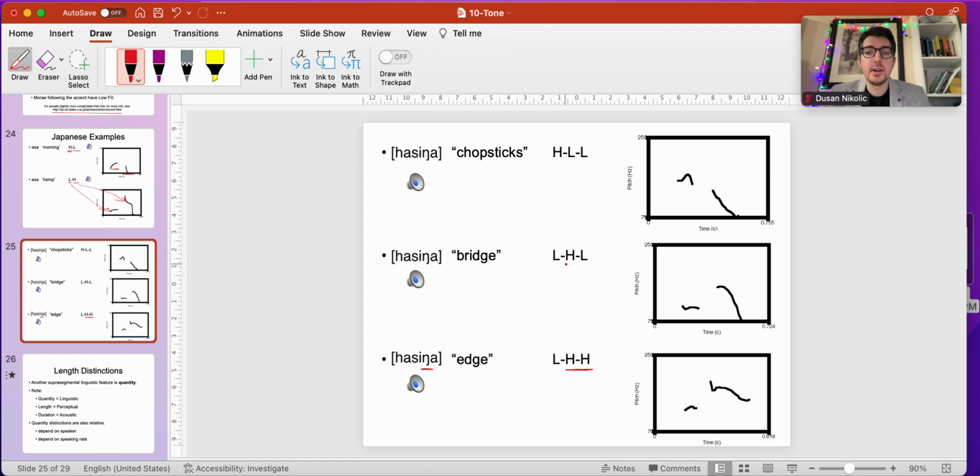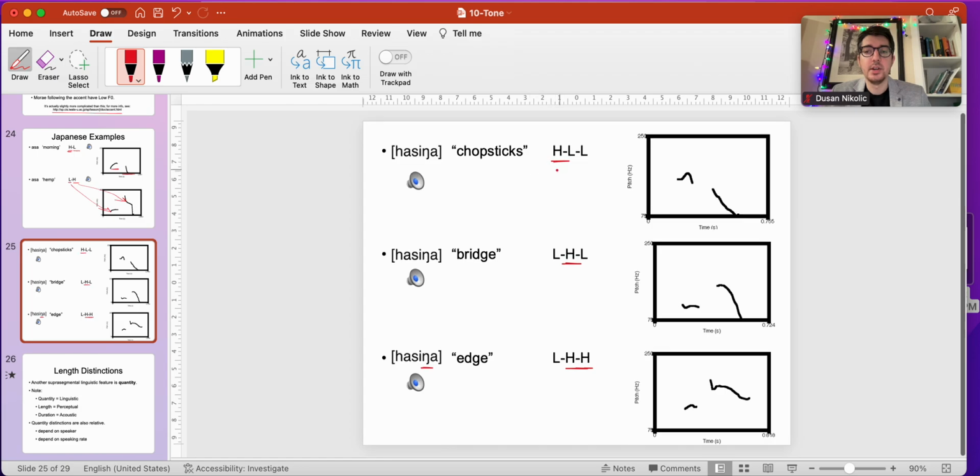Here we have middle mora, which carries or bears high tone. We have a low mora afterwards and before it, and finally here we have high mora on the first vowel.